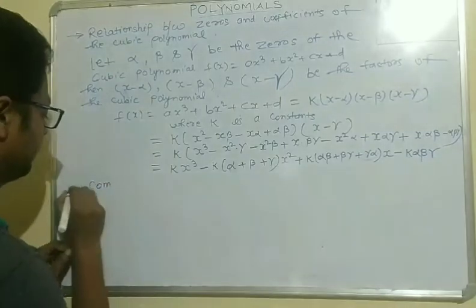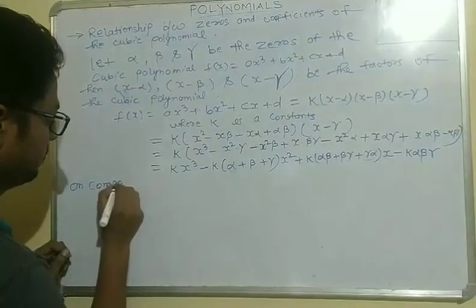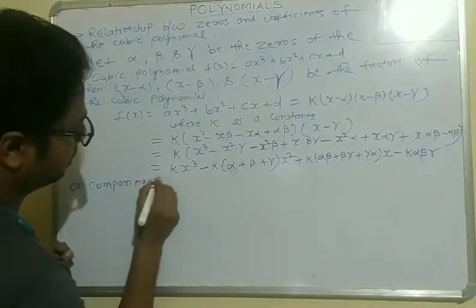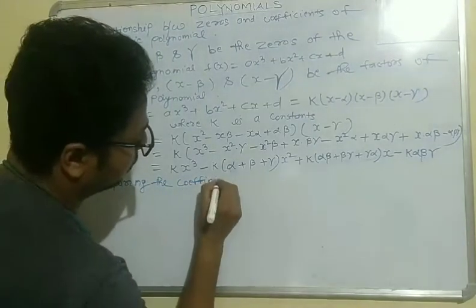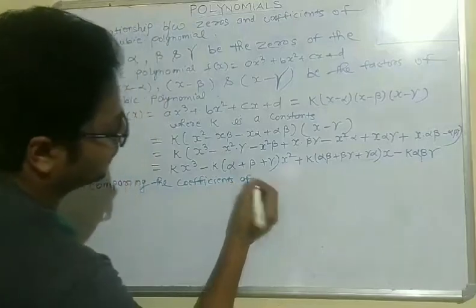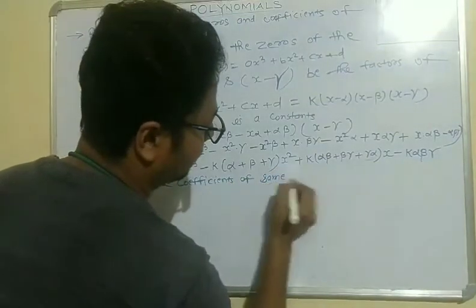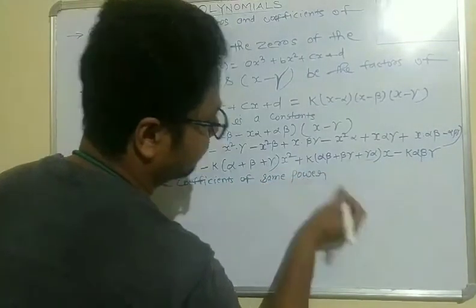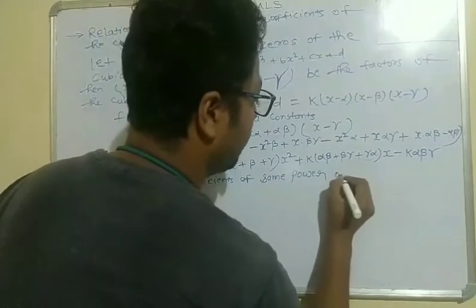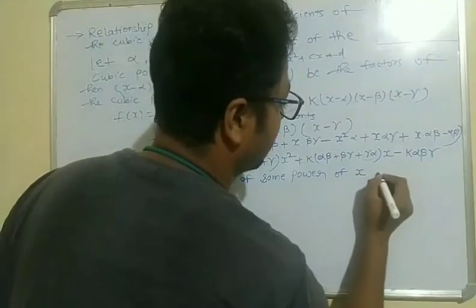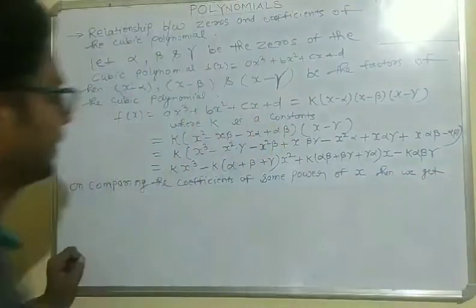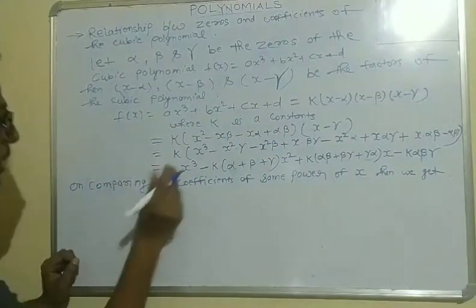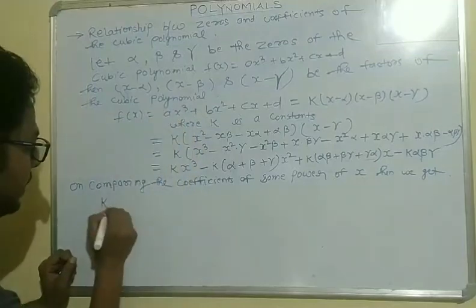On comparing the coefficients of the same power of x, we get k equal to a.